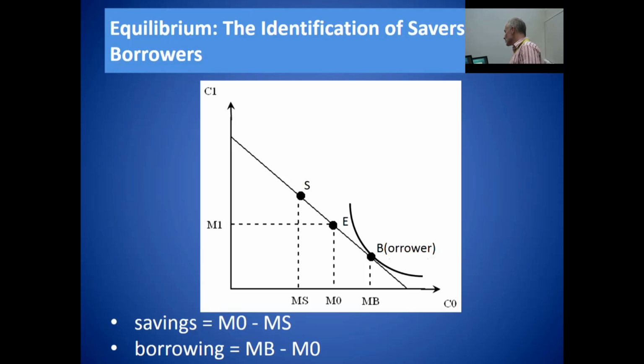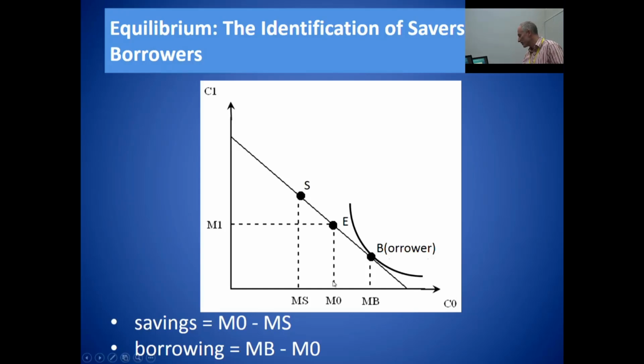That is, his current level of consumption MB is greater than his current level of income. And where's that extra consumption coming from? He's borrowing. He's taking out a loan. So that would depict the situation of a borrower.